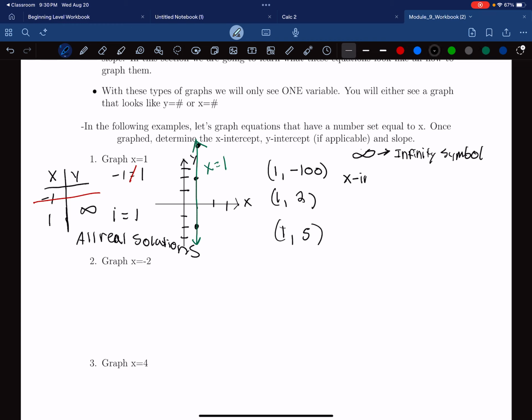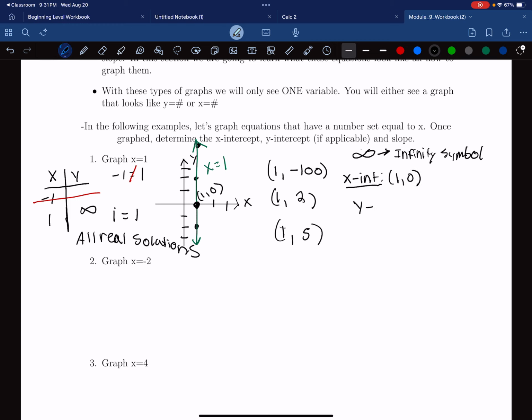Does this equation have an x-intercept? Well, remember, the x-intercept is the point where it crosses through the x-axis. And this line crosses through the x-axis here, at the point (1, 0). So the x-intercept is at the point (1, 0).